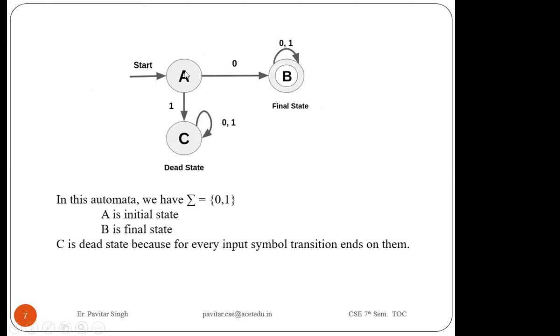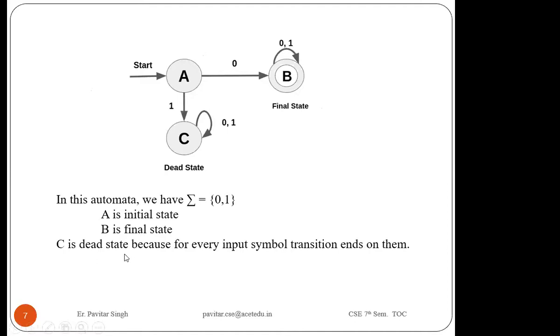The initial state is capital A, and the final state is capital B. We have two inputs, 0 and 1. So A is acting as your initial state, B is acting as your final state.